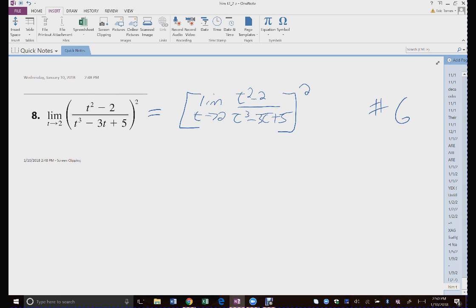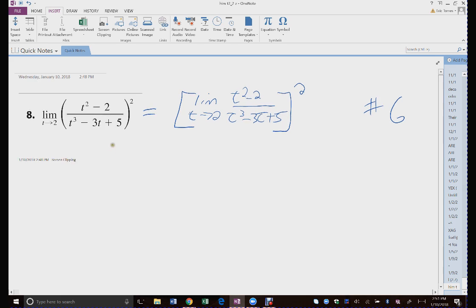Now, what you should notice is that you have division here. So I can now apply limit law number 5, assuming that the denominator will not go to 0 as t goes to 2. You may want to verify that. It does not.